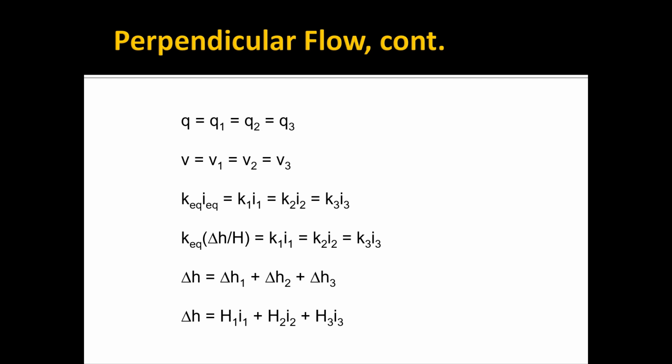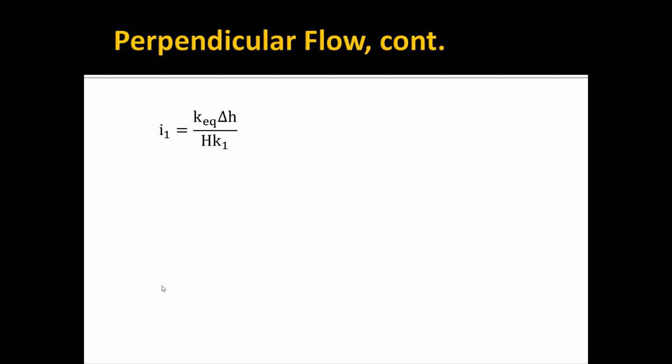this equation right here. And if you just look at this first term, K equivalent delta H over H equals K1 times I1, if you solve that, if you divide by K1, you can then derive an expression for I1 in terms of these other coefficients. And if we look at the next slide, that's what we're doing here.